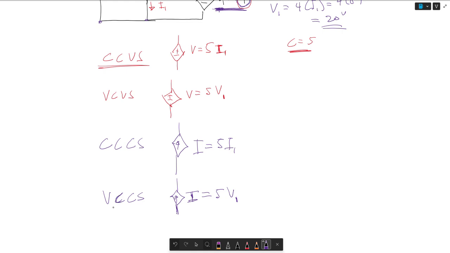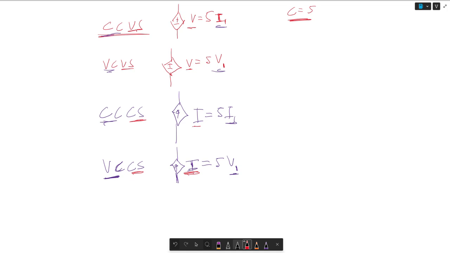So again, the controlling aspect is here: current control, voltage control, and the source is the output. So current sources, voltage sources.